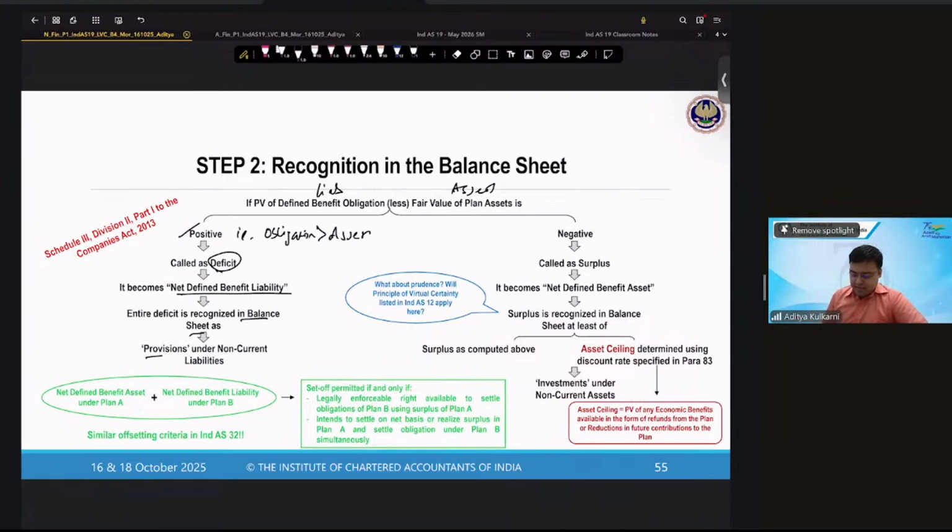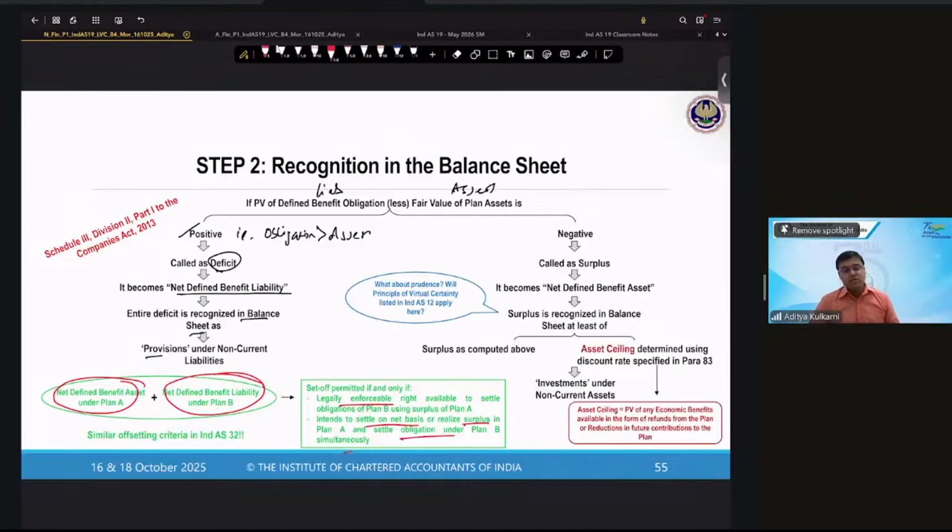Okay. Then suppose I have a net defined benefit asset under one plan and a liability under another plan. Can I do net setting? If it is legally enforceable and intends to settle on a net basis, or realize the surplus in one plan and settle the obligation in plan B simultaneously.